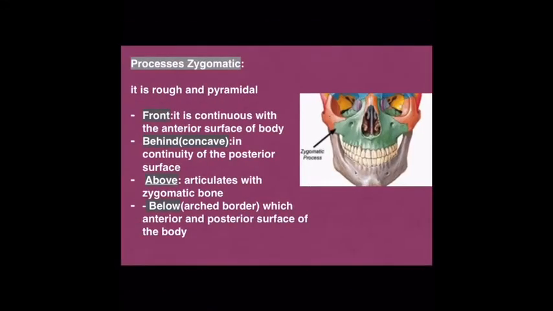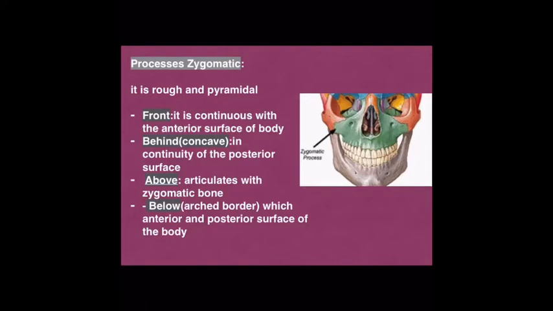أما بالنسبة للبروسيس zygomatic it is raw and pyramidal، يكون من ناحية الفرونت مالته it's continuous with the anterior surface of the body. إذا من الفرونت يتصل with the anterior surface، السطح الأمامي للبودي. Behind concave, continuous with the posterior surface. إذا هو من ناحية البيهاند يتصل إلى posterior surface.